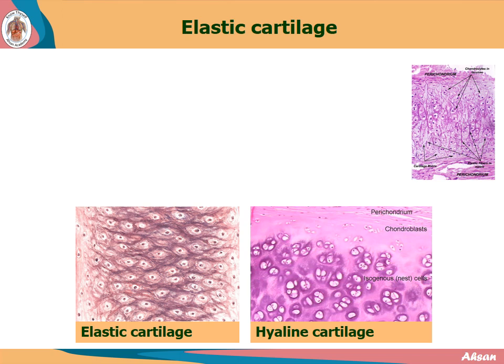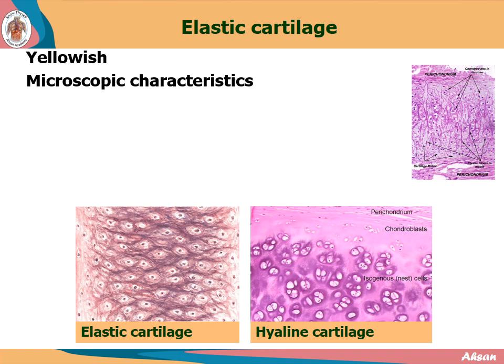Elastic cartilage is physically yellowish in color, and under the microscope the cells and extracellular matrix are visible. As usual, the cells are in lacunae, the peripheral cells are chondroblasts, and the central cells are chondrocytes.